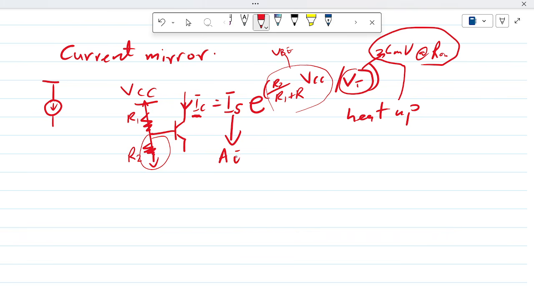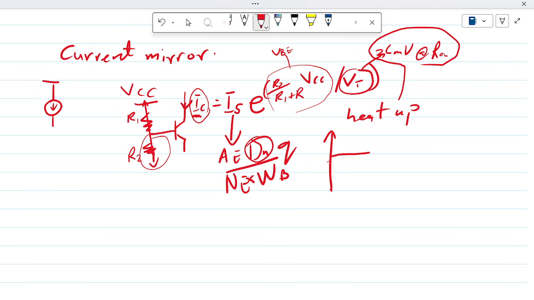We have the area of the emitter, diffusion constant, Q, and the concentration. Now this component here also depends on temperature, so that means as the operating temperature changes, the constant current we expect from our current source might also change.